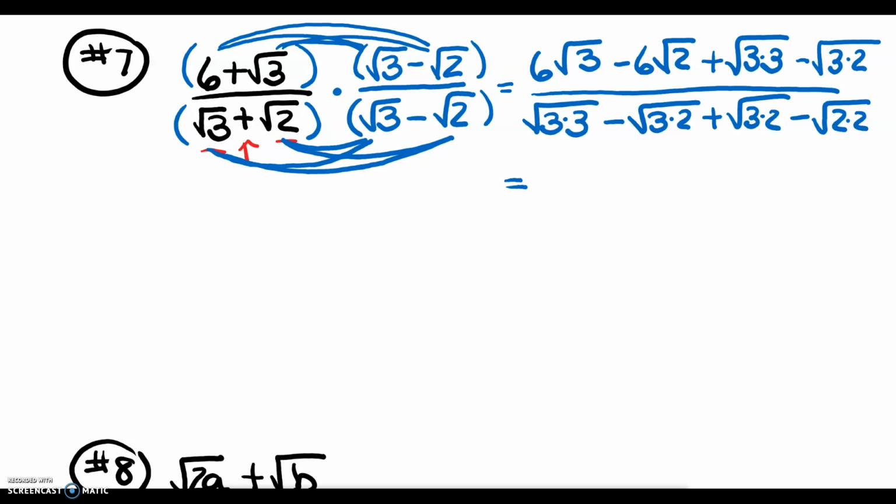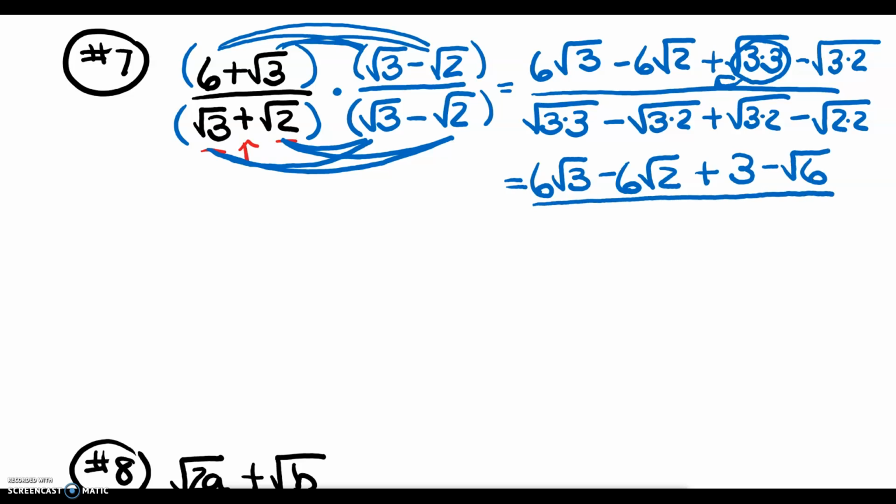So my first term doesn't simplify, my second term doesn't simplify, but I do have a group of 2 here, so I can pull that out. 6 radical 3 minus 6 radical 2 plus 3. I pull one of those 3's out, minus radical 6. I don't have a group of 2 there.